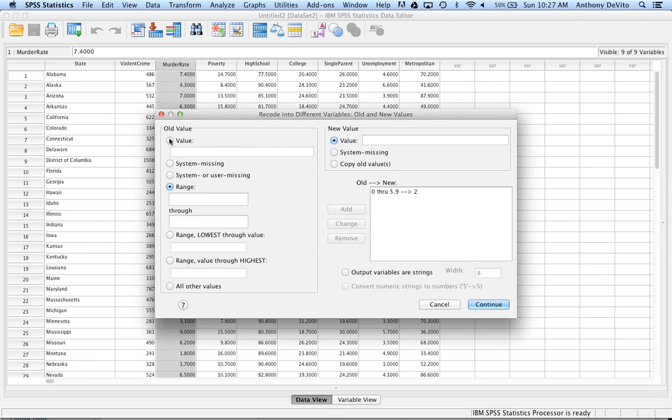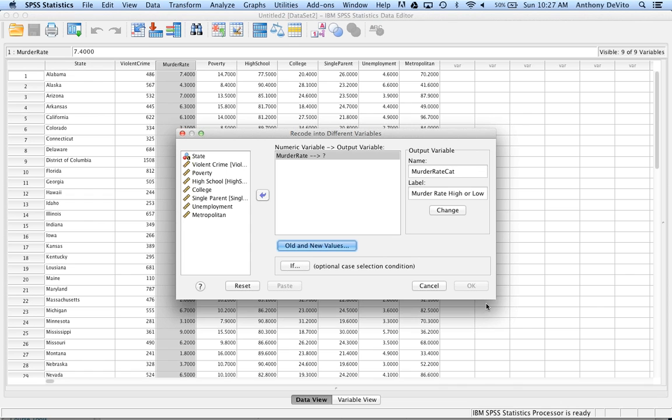And next, for the values 6.0 through, I don't know what the highest is, I'm going to exclude that District of Columbia. So I'm going to put in 20 because I know it's going to drop that one out, and it looks like an outlier anyway. 6.0 through 20, I'm going to call the new value 1 and add it.